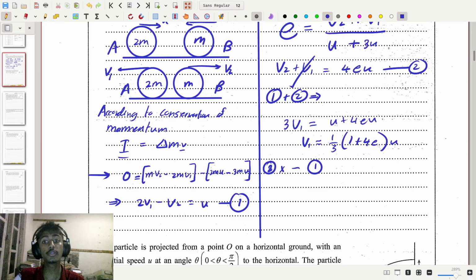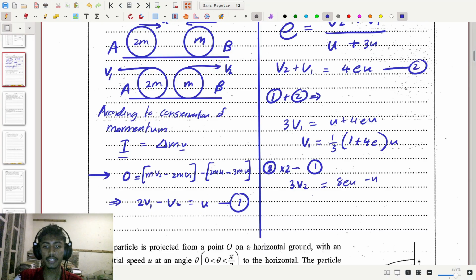When I subtract them, the 2V1 and 2V1 cancel, but then I have V2, and then that times 2, which means we have 2V2, and then another minus V2 here, which I subtract, is going to be plus V2, leaving us with a total of 3V2. So on the left hand side, we get 3V2. Now on the other side, we have 4EU times 2, which is 8EU, minus another U, so minus U.